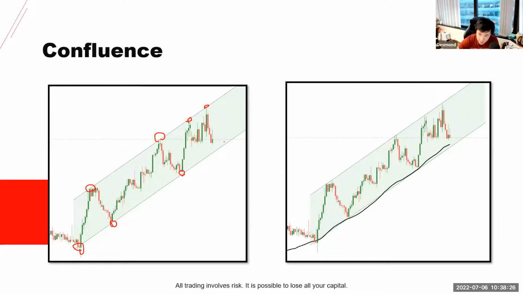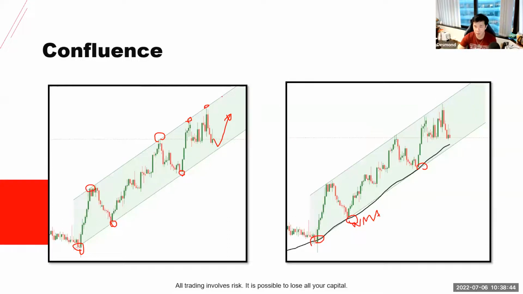On top of a channel, you're expecting prices to continue going up. And then you throw on a natural moving average, I call it the NMA, and we can see price bounce up quite nicely. So you have a channel and a natural moving average.